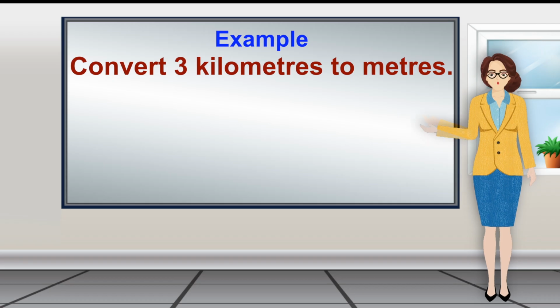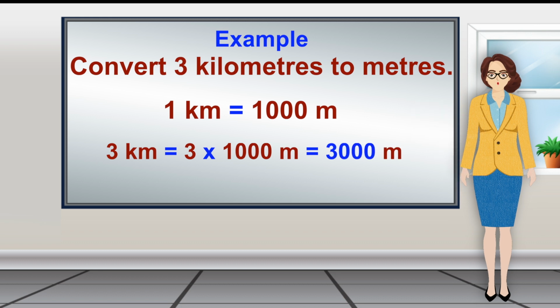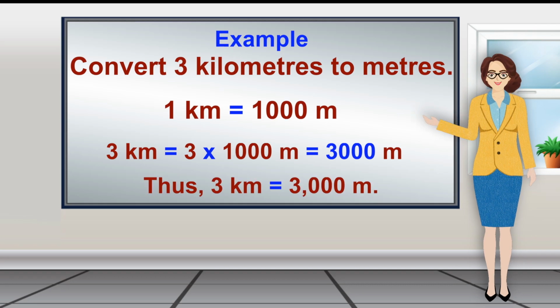Example: convert 3 kilometers to meters. As we know, 1 kilometer is equal to 1000 meters. So, 3 kilometers is equal to 3 kilometers multiplied by 1000 meters, which is equal to 3000 meters. Thus, 3 kilometers equal to 3000 meters.